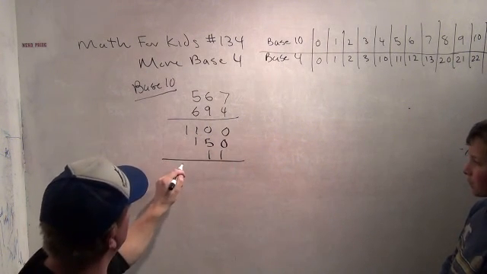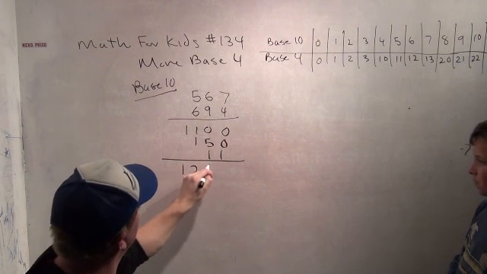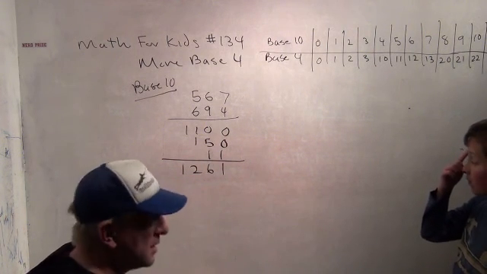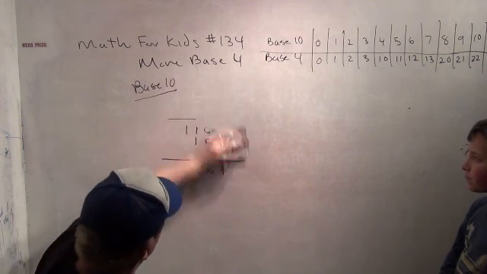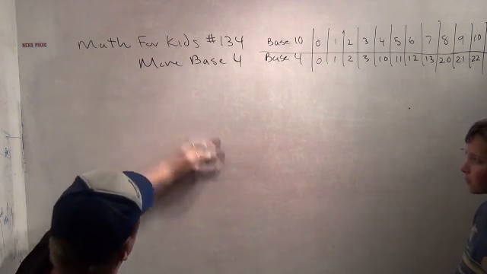And then we could sort of add it down here, and we can get 1,261. All right, now let's try to do the same thing in base 4, and then I'll give you a chance to do some base 4 stuff.